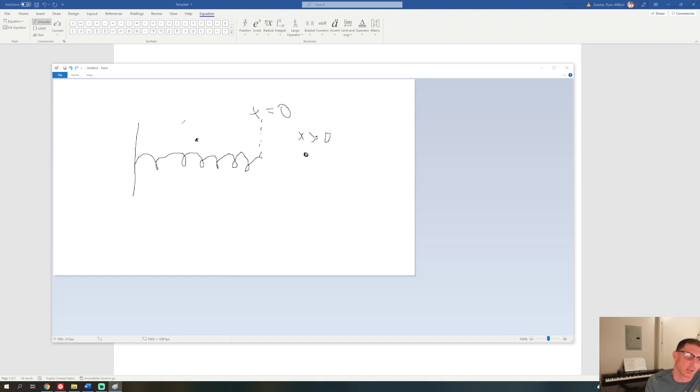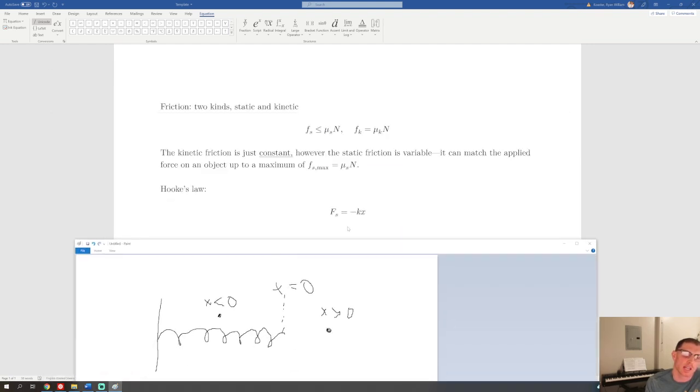Writing with the mouse is really hard. X is less than 0. So now we're over here where x is negative. And then again, negative k times this x value, which is negative, gives you a positive numerical value for this force, which means it points to the right. And that's why we write it with the negative sign.